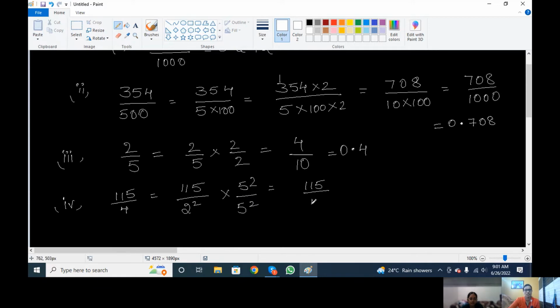So here 2 square is there, hence we will multiply with 5 square. 115 by 2 square, which is 4. 5 square is 25 by 25. So let's multiply with 25. Table is easy. 25 5s are 125, 12 is a carry. 25 1s are 25, 25 plus 12, 35, 36, 37. So 3 is a carry. Again 25 1s are 25, 25 plus 3 is 28.